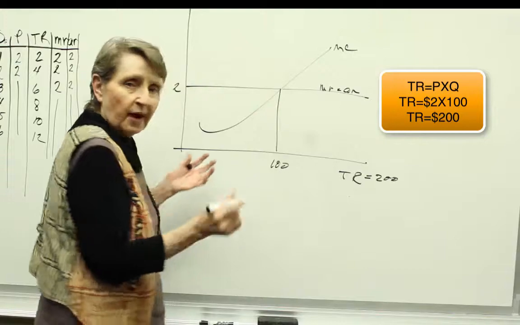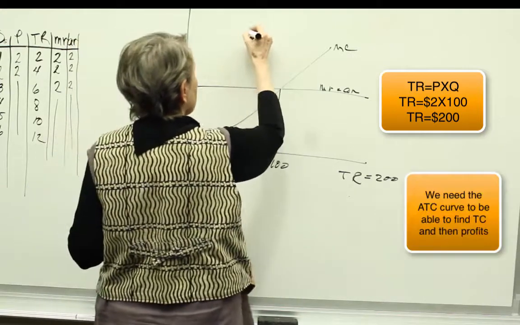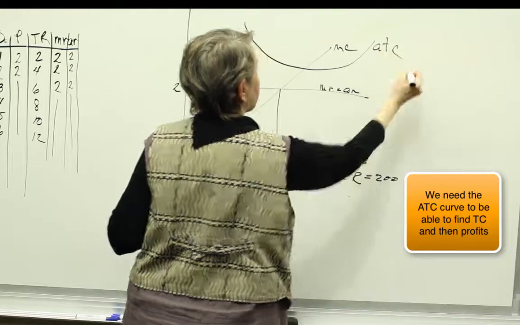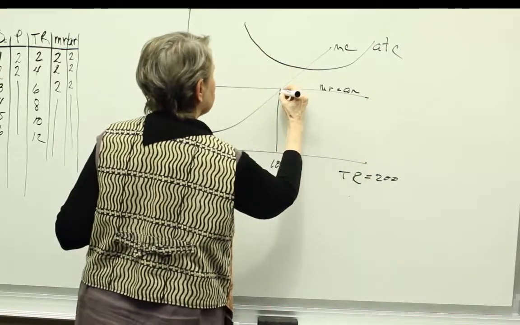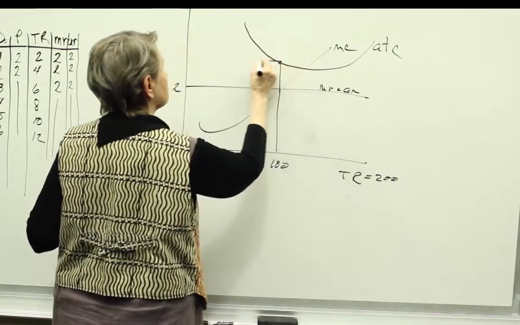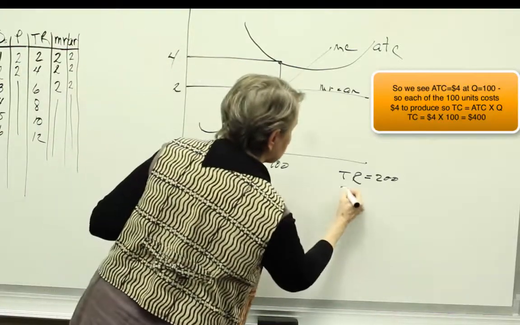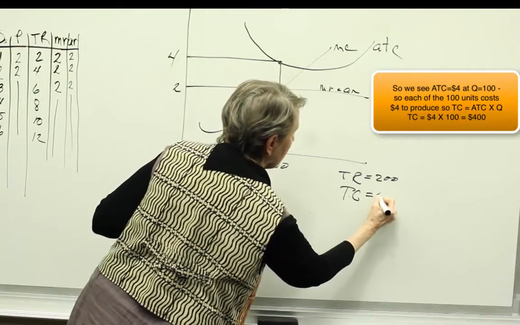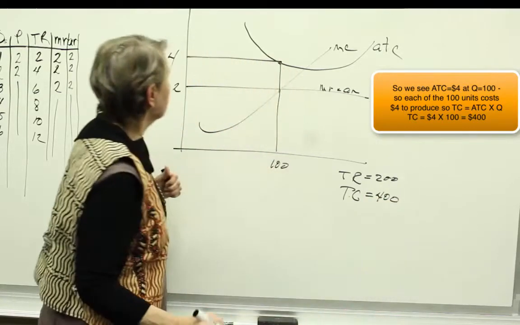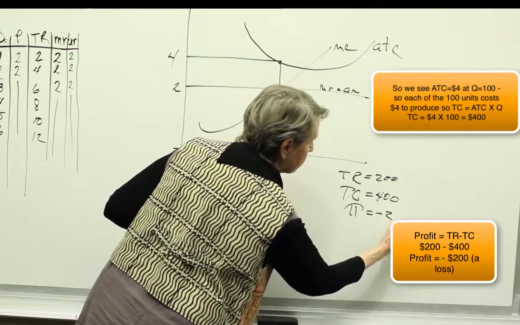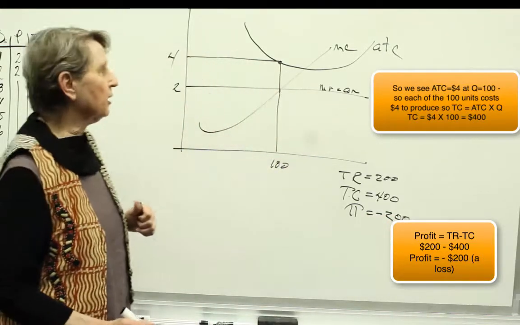Total cost, well, I need my average total cost curve. So it's this U-shaped thing. And let's just say that's $4. So total costs are $400. So my profit is minus $200, negative economic profit.